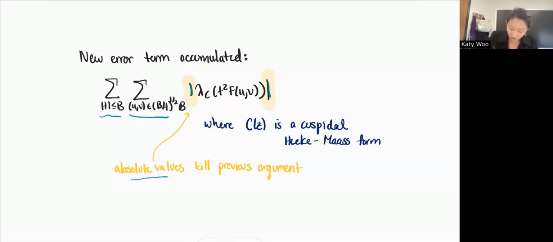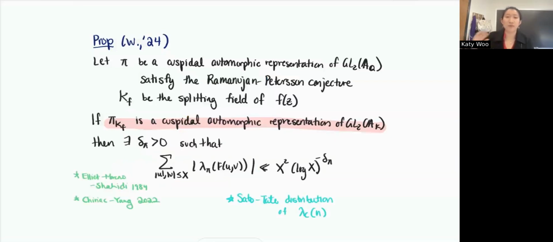And so now we'll connect this to a more general picture. So let's say pi is a cuspidal automorphic representation of GL2 of A_Q. And let's assume it satisfies the Ramanujan-Petersson conjecture. Let's say K_f is a splitting field of f of z.